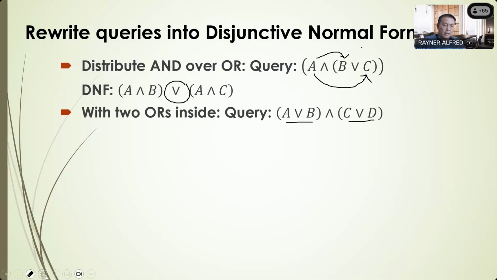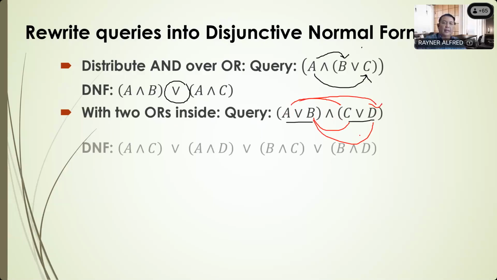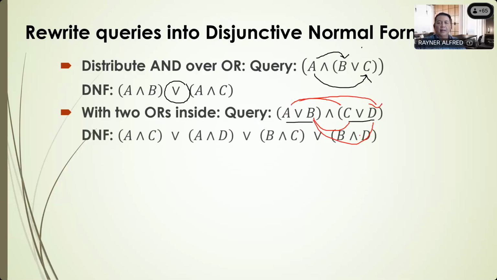Let me use a different color. So basically, we are looking at A and C, and then A and D, and then B and C, and then B. So this is the disjunctive normal form. Remember that. How do you know that you are in the disjunctive normal form? You use OR.